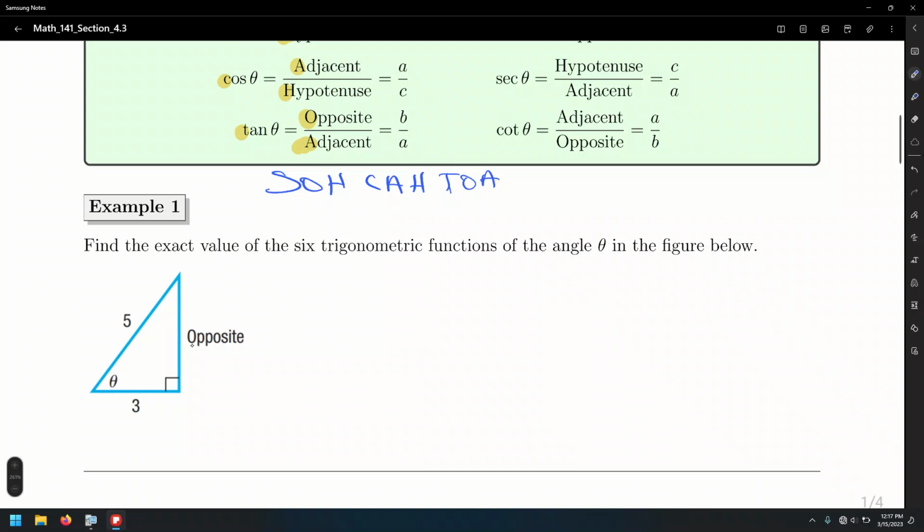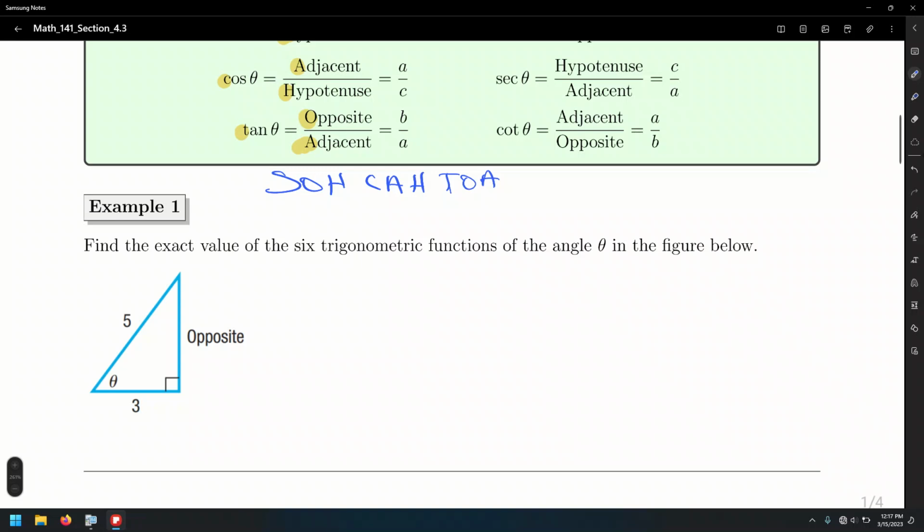And notice the opposite side, the side facing the reference angle, is not given. It's just labeled as opposite. We need to figure out the length of that side in order to find the 6 trigonometric functions. Any ideas on how to find the missing side?